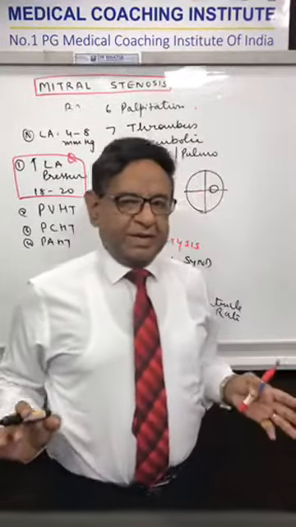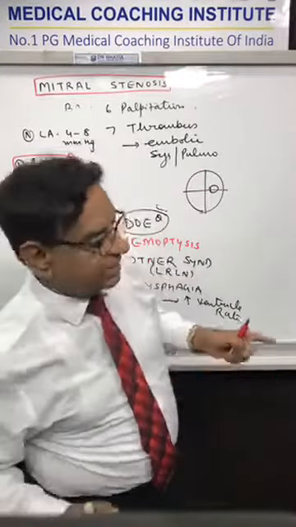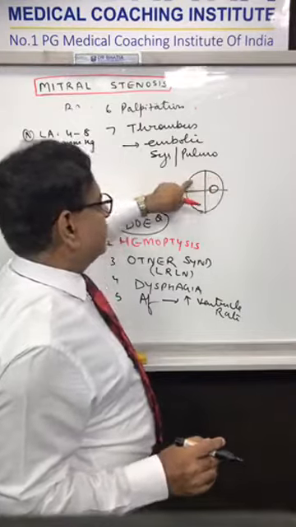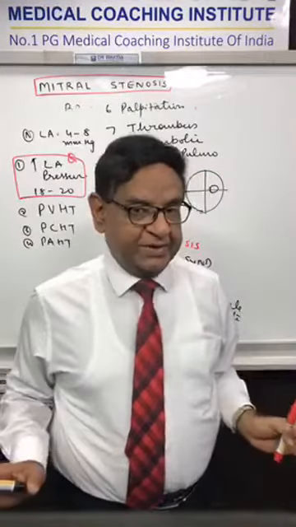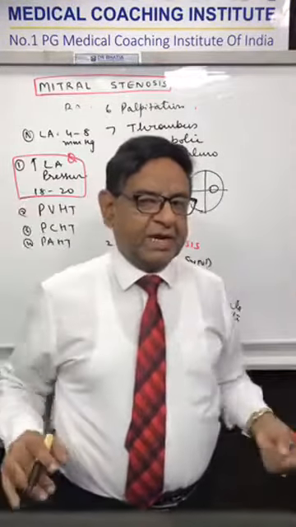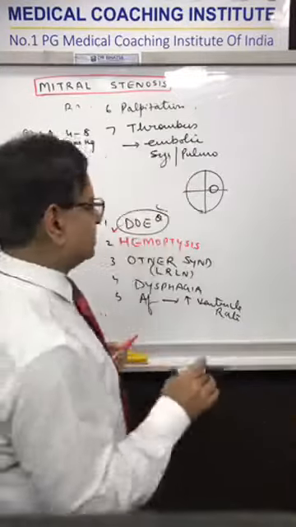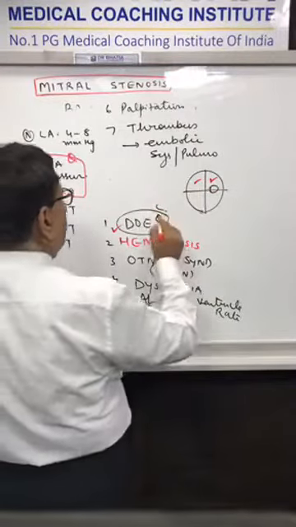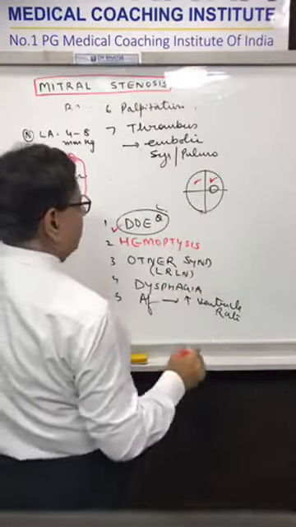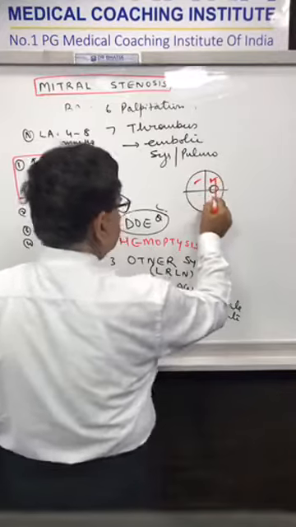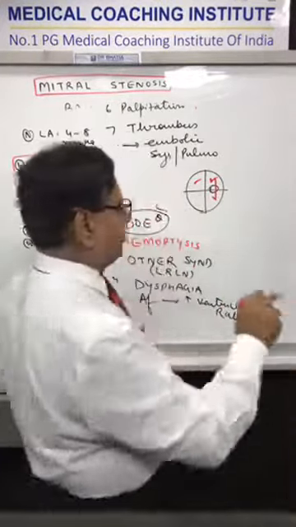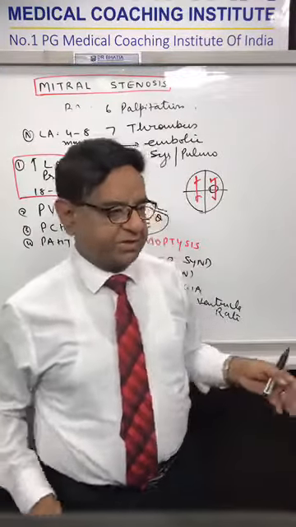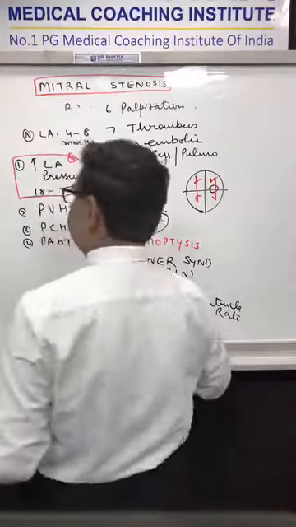But remember, when atrial fibrillation occurs, it occurs not only in the left atrium, but also in the right atrium. Both atria are fibrillating. That leads to stasis of blood, both in LA and RA. So the clot formation can occur in both LA and RA. From this, it will go to systemic circulation. From here, it will go to pulmonary circulation. Is that clear to all of you?